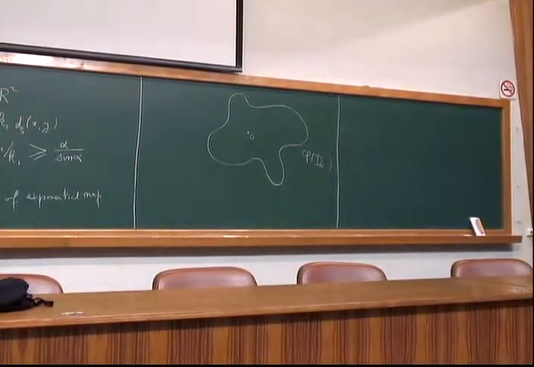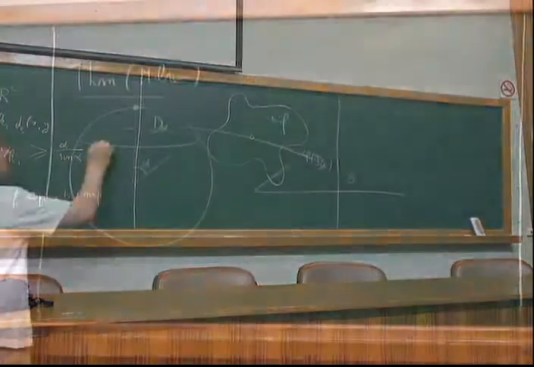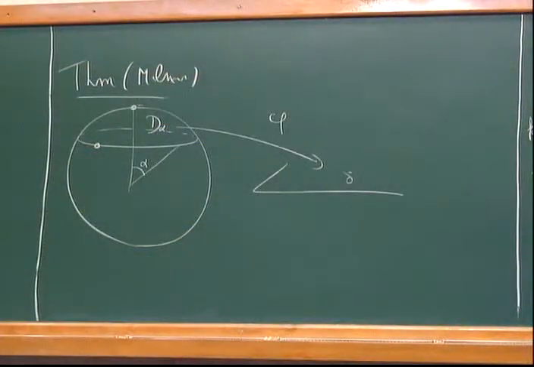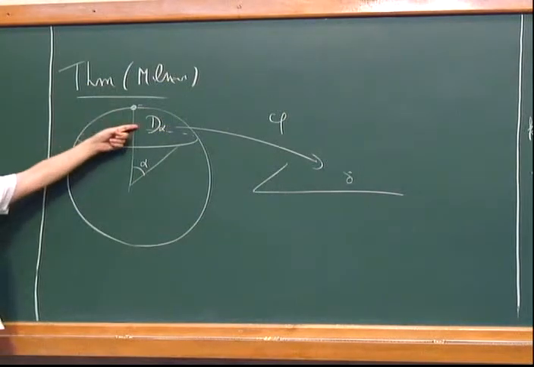Now I just note that any point on the boundary of the polar cap is at distance alpha from the North Pole.